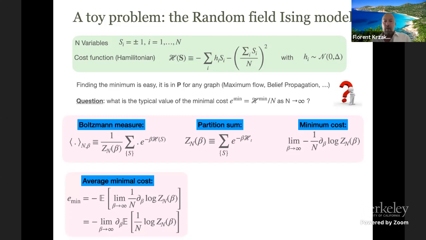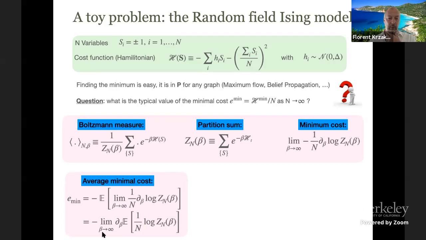All right, now what we want here in the question is the value of the typical minimum cost. I don't want to work with something that depends explicitly on the h's. So one thing you want to do is to compute the average minimum cost. Now I need to add the expectation here, which is the expectation over h's. Whenever I use E, the variable I'm averaging over is the disorder, or the quenched disorder if you're a physicist, and it's this set of h's.